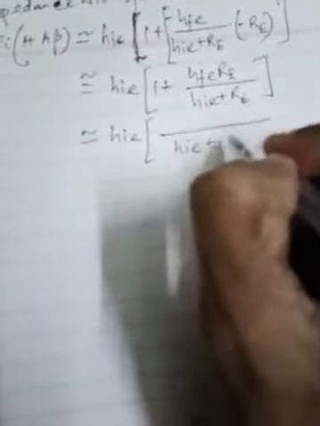Now this is approximately equal to HIE into, if we simplify, HIE plus RE plus HFE RE.